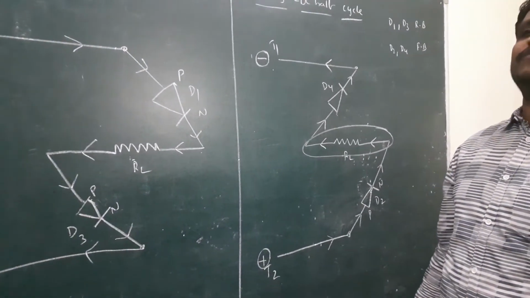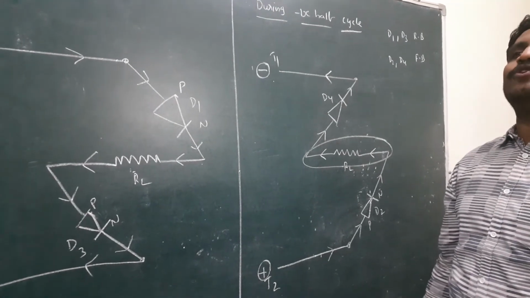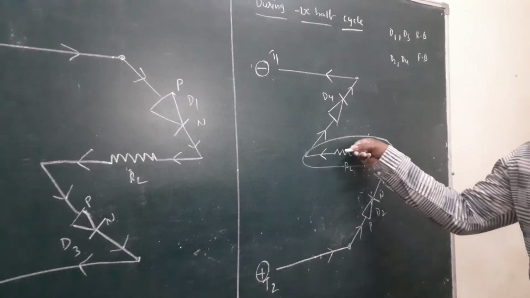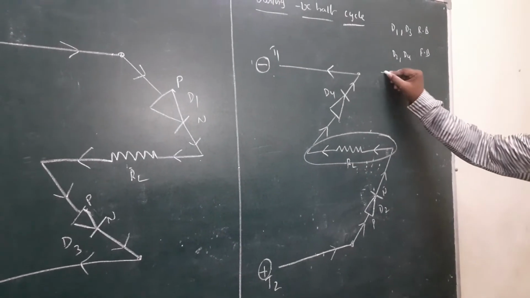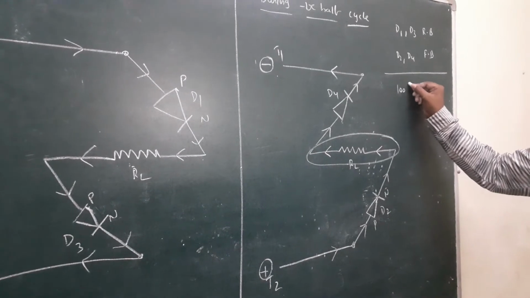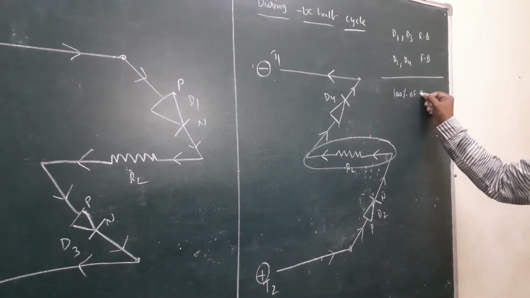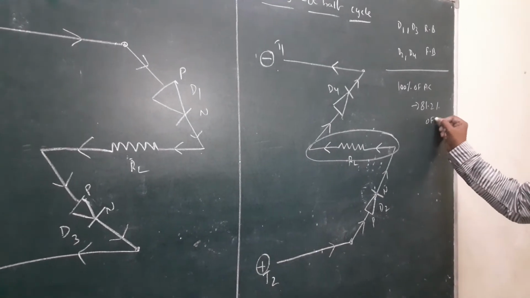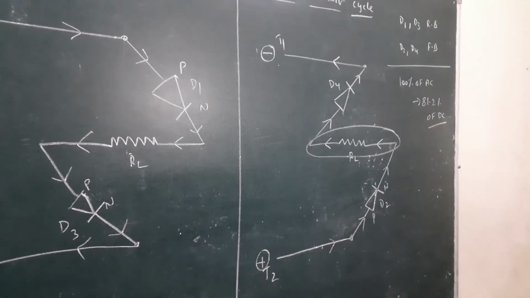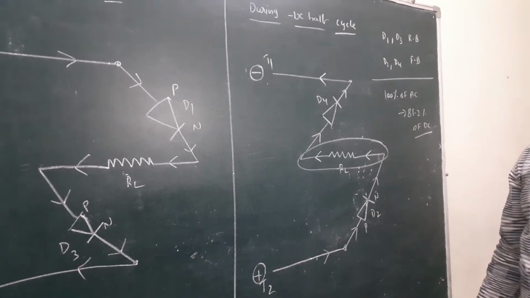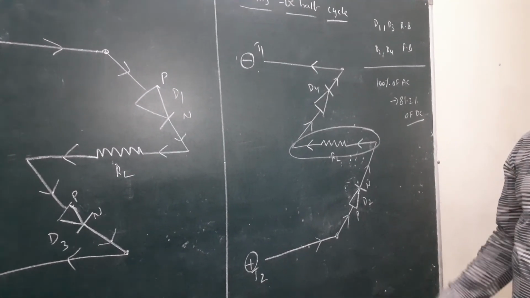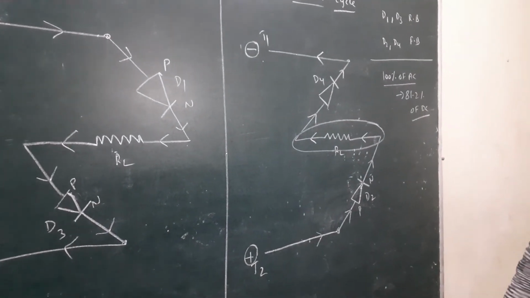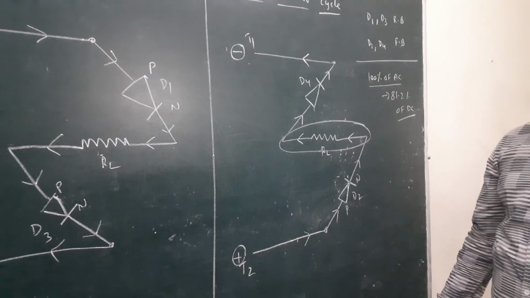During the negative half cycle, D2 and D4 are working. Both outputs are in one direction. That's why approximately 100% of AC will be converted into 81.2% of DC. This is the efficiency when all diodes are ideal diodes.